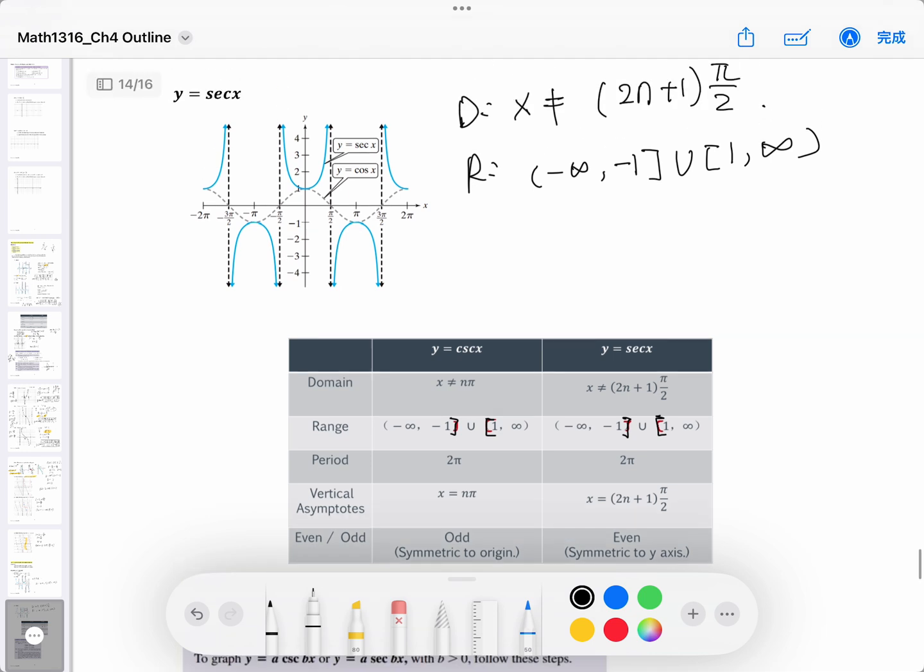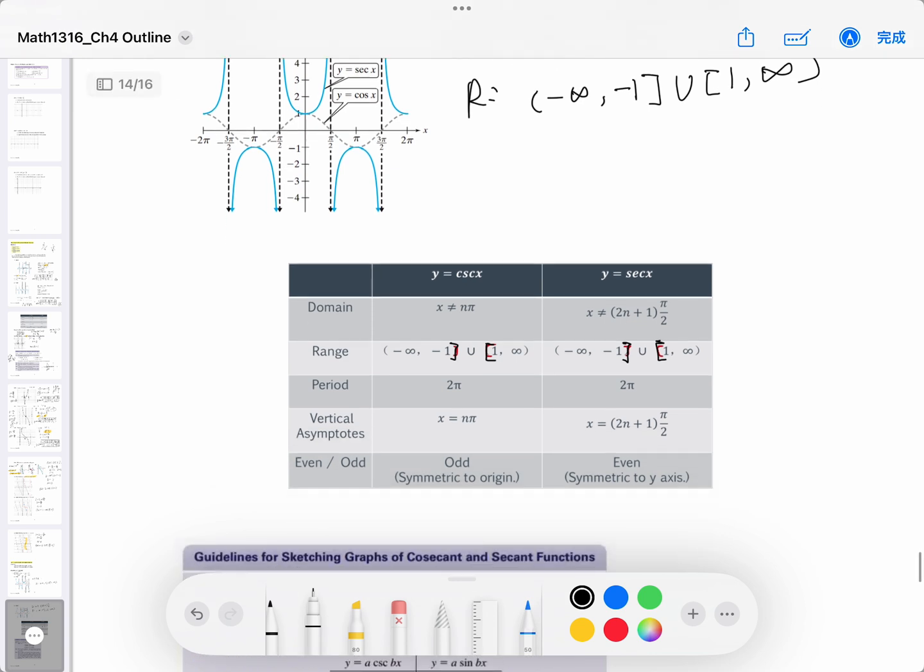All of them have period 2 pi, because bump to bump, the period of sine and cosine is 2 pi. For the cosecant, this is 1 over sine x, and it is an odd function because sine is an odd function.